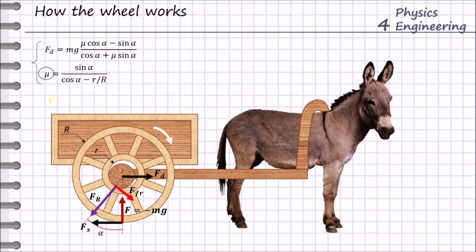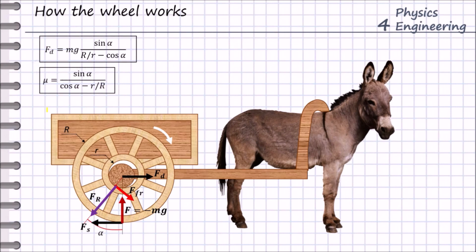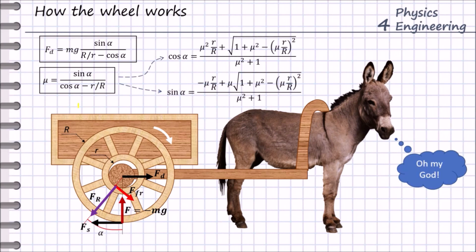So how to solve this system? We will take the mu and put it in the first equation like this. Then the equation will look different, a little bit simpler, but still this is not a final solution. So as a next step, for these two equations, we will derive the angle from the second equation, so cosine and sine.